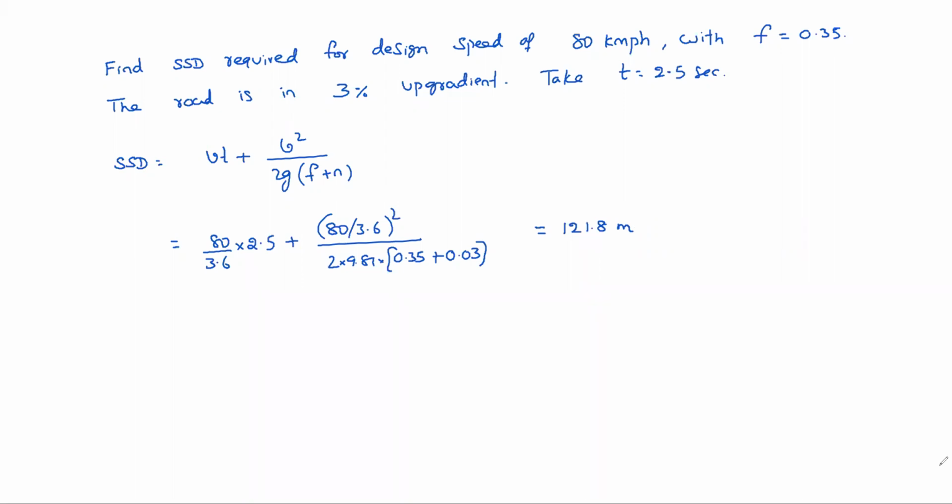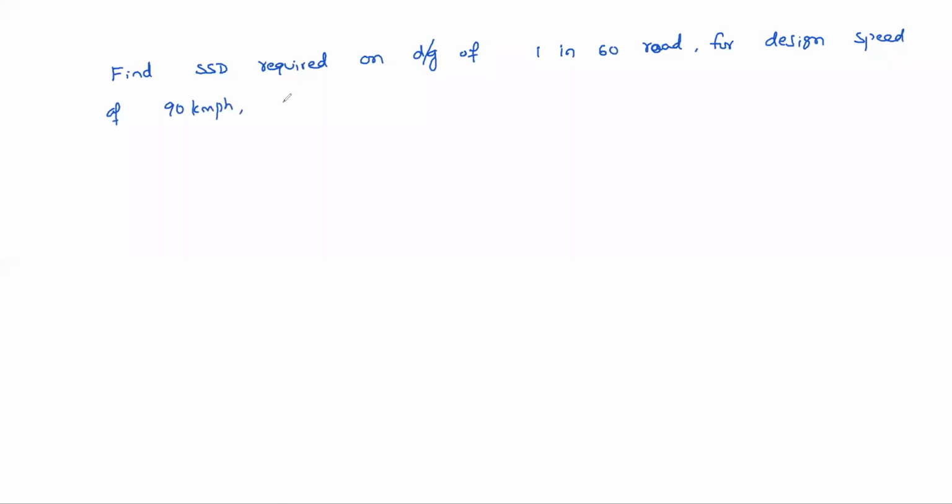Similarly, suppose find the SSD required on a down gradient of 1 in 60 road, for a design speed of 90 kmph, F equal to 0.35 and driver reaction time T equal to 2.5 seconds.